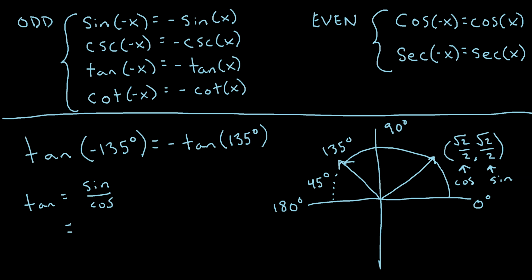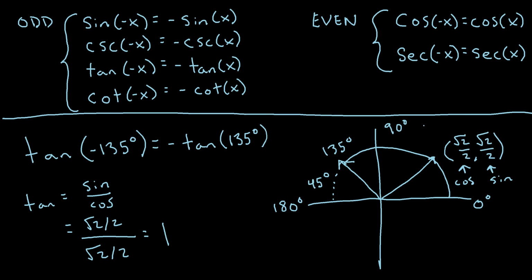So what we get is the tangent of 45 degrees is square root of 2 divided by 2 divided by square root of 2 divided by 2. So since the numerator and the denominator are the exact same number, that means this entire fraction becomes 1. So the tangent of 45 degrees is 1. But remember, we're trying to find the tangent of 135 degrees.